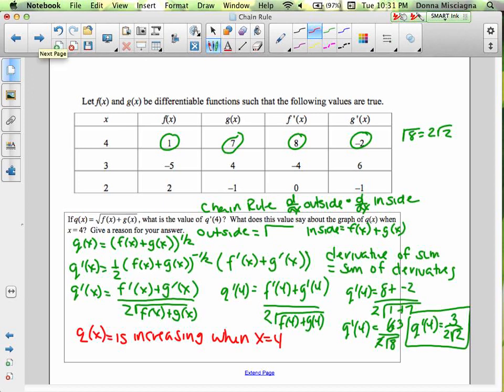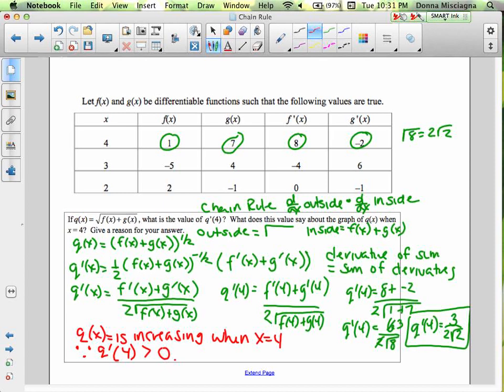Q of x is increasing when x equals 4 because, actually, here's a symbol for because. There we go. Because q prime of 4 is greater than 0, right?